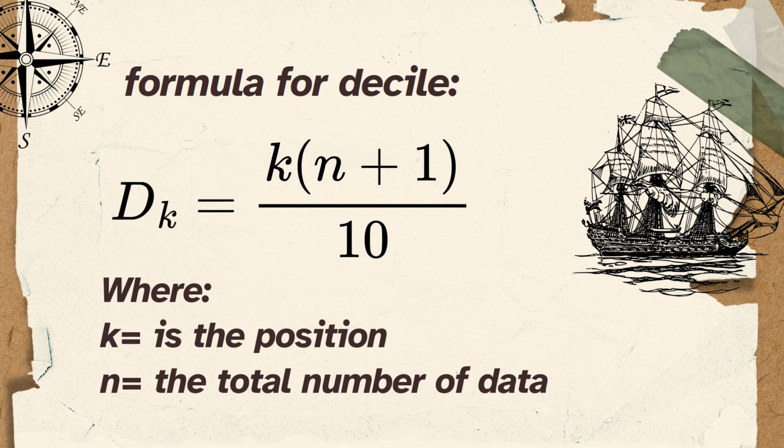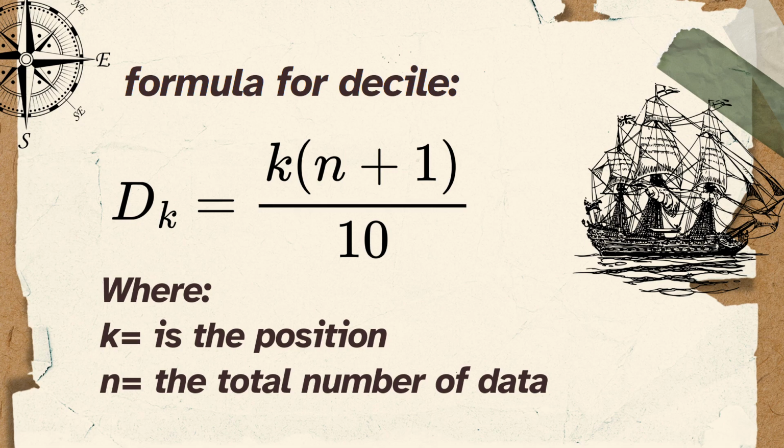If hinahanap natin is decile 6, our k is 6. If hinahanap natin is the 7th decile or the 5th decile, 4th decile, yun po yung k natin, wherein the n is the total number of data. Alam naman na ninyo yun.